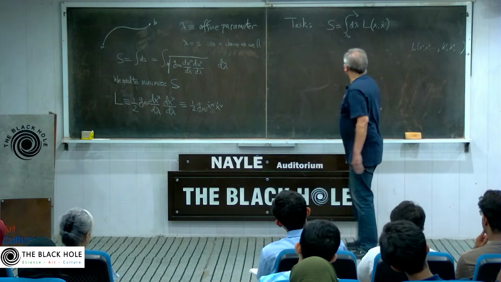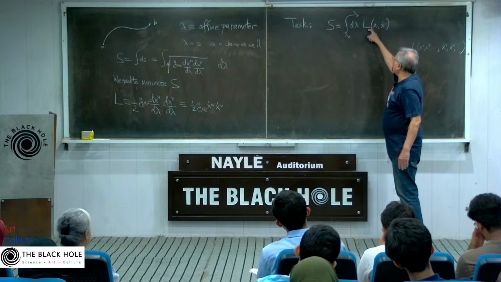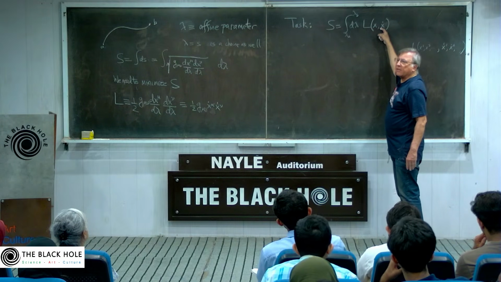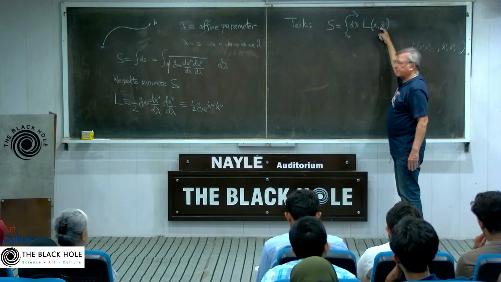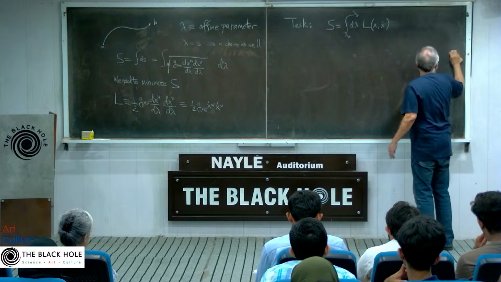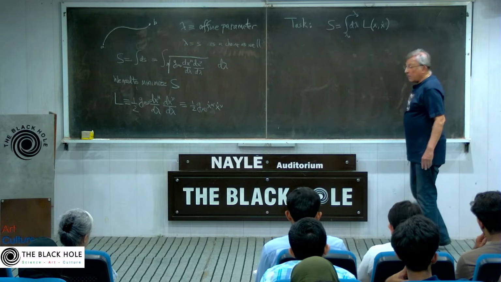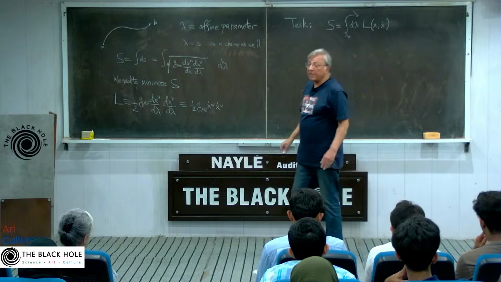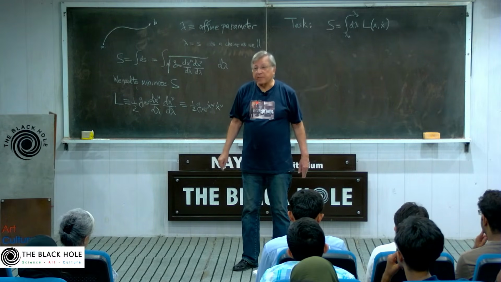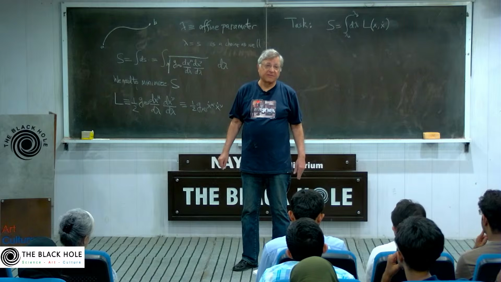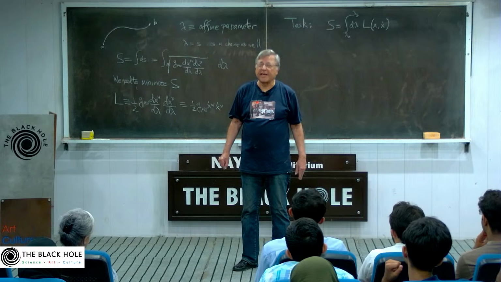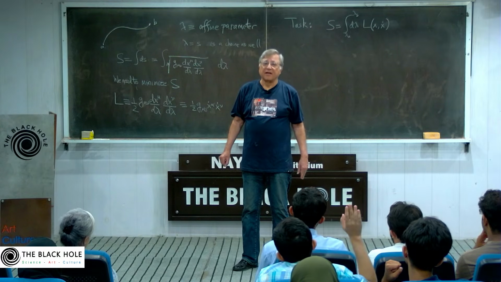So L depends on the path and the speed on that path and the velocity on that path. And now this is going to lead us to the most important thing that you will learn in physics. It's called the calculus of variations.